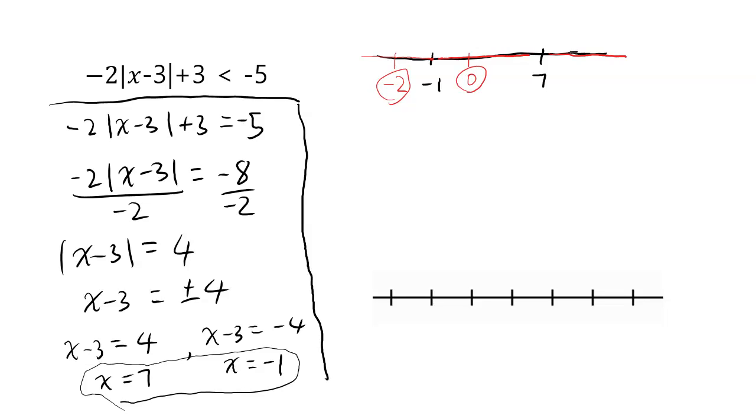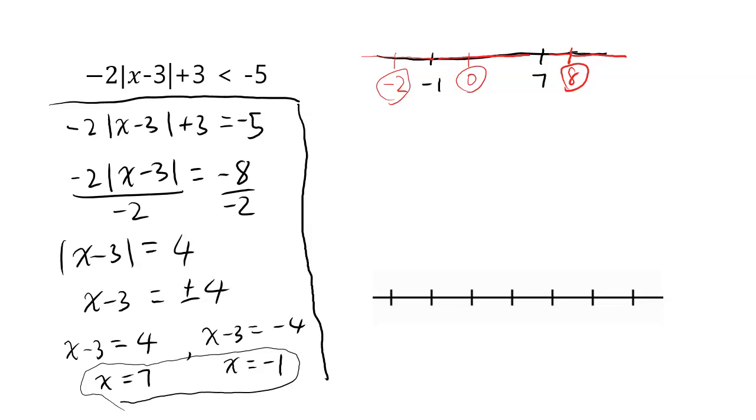I guess the smaller the number the easier, so I'm going to choose 0 here. I choose 8. So these numbers, -2, 0 and 8, if you use these numbers and test them on this inequality, you can figure out whether the entire interval is a good one or a bad one.